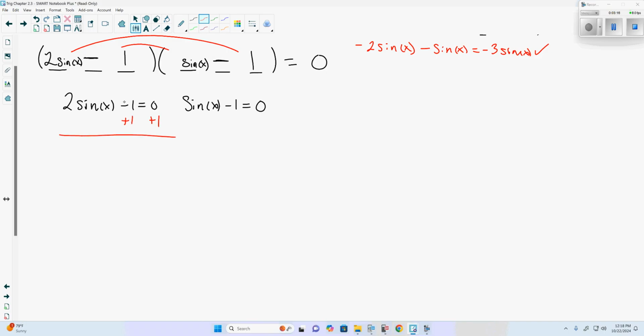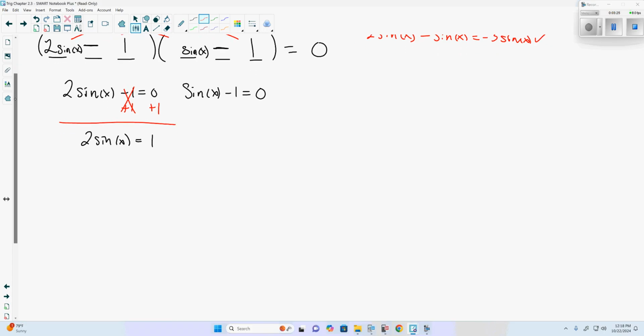So the first thing we can do is add 1 to both sides, telling us that 2 sine of x is equal to 1. Then we would divide both sides by 2, telling us that sine of x is equal to 1/2.